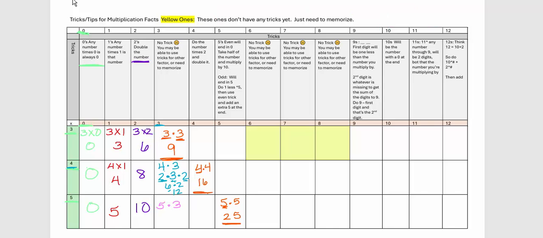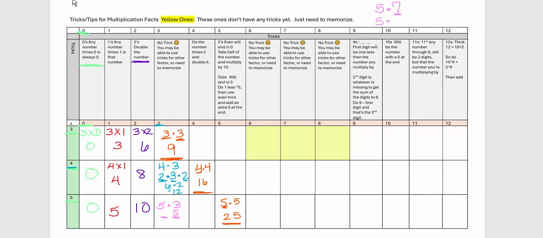So for 5 times 3, we know it's odd, so the last digit is going to be a 5. And it's not an even one, so we can't do the even trick. Let me do one more thing here. 5 times 7, this is odd, so we can't do that 10 trick. But this means 5 groups of 7.